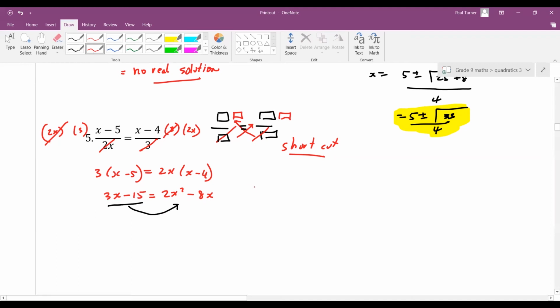So I'll end up with 2x squared minus 8x minus 3x plus 15 equals 0. Equals 0 can go on either end, doesn't matter. So you've got 2x squared minus 11x plus 15 equals 0. So this is the equation that we solve.